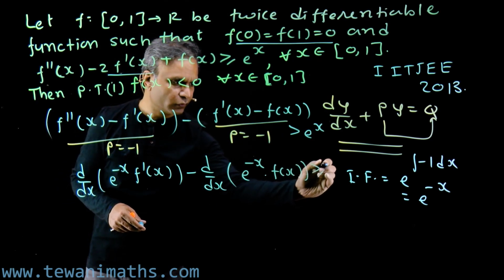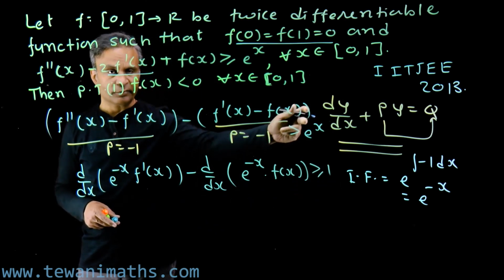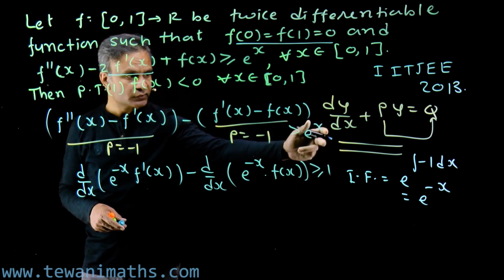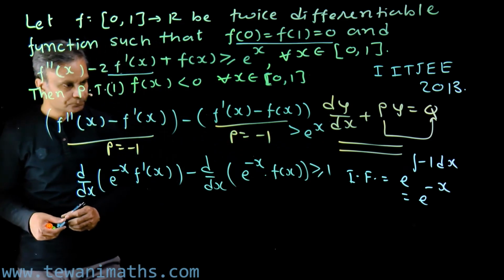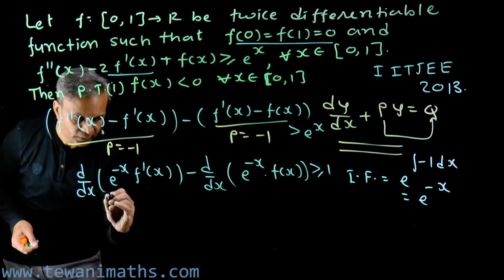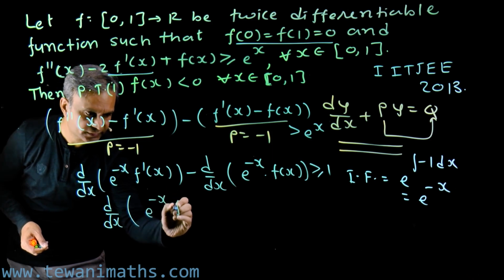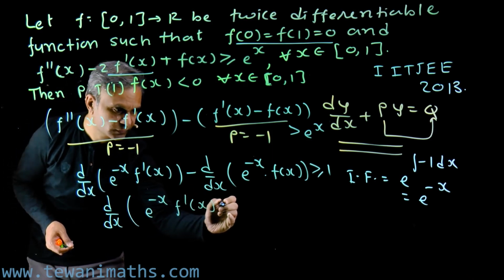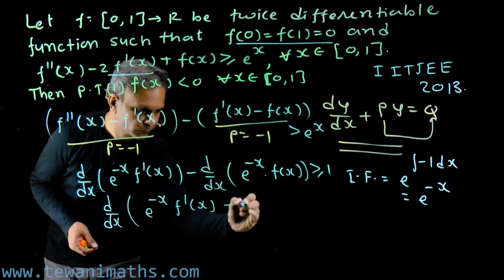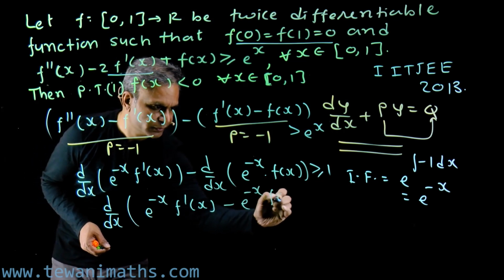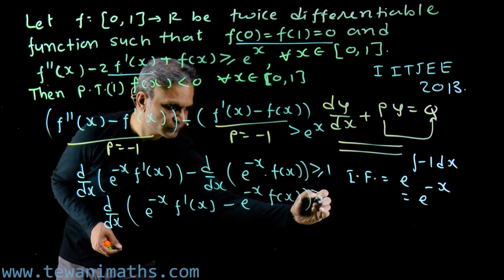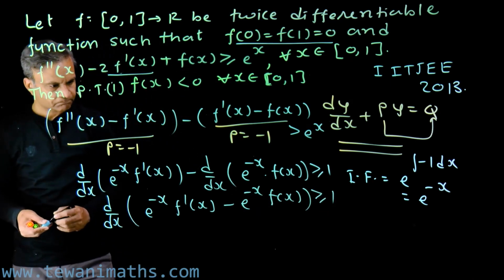This is greater than or equal to 1. We are multiplying with e^(-x), so the RHS will be 1. Then this will be d/dx of (e^(-x) f'(x) - e^(-x) f(x)), which is greater than or equal to 1.